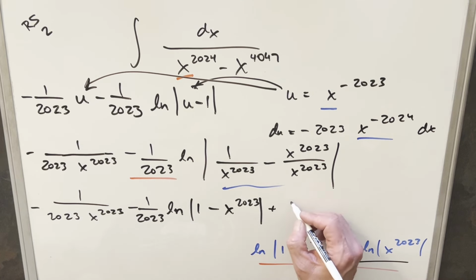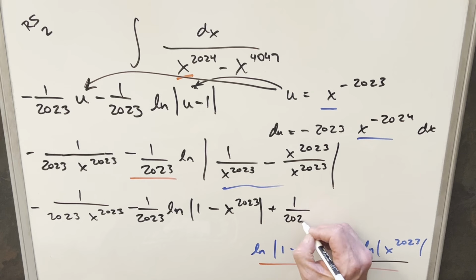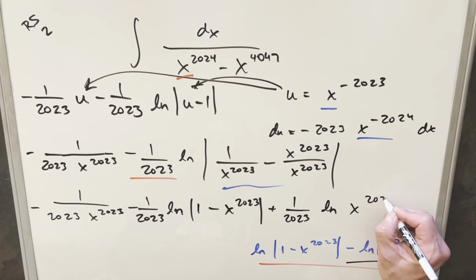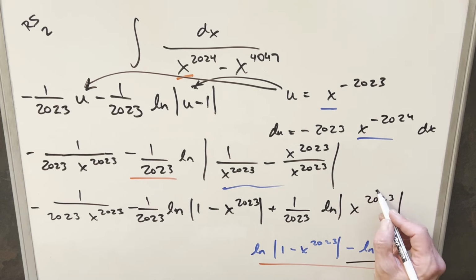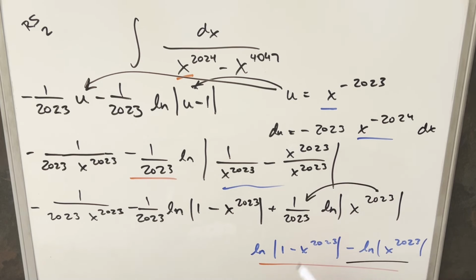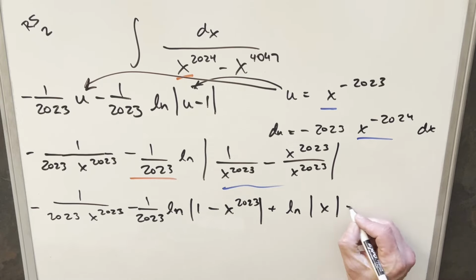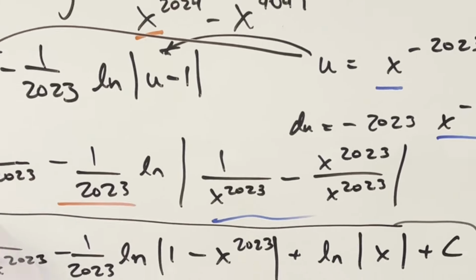We're going to get plus 1 over 2023 natural log of x to the 2023. But then by log properties, I could bring the exponent out front, and then this here is just going to be 1, so we'll cancel that off. And so for the final solution, we have minus 1 over 2023 x to the 2023 minus 1 over 2023 natural log of 1 minus x to the 2023 plus natural log of x, plus c, and that's it.